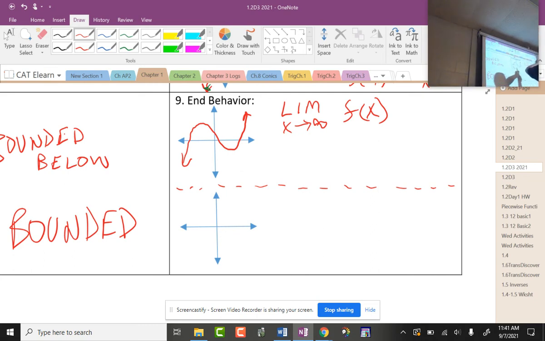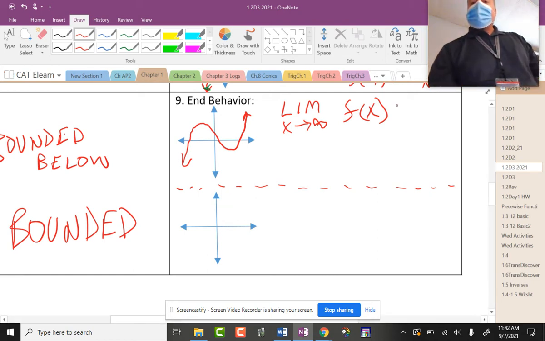I always use my x y finger here. Right now we're at 5 comma 0. But as I move out to infinity for x, where does my y finger go? Up to what number? Infinity.